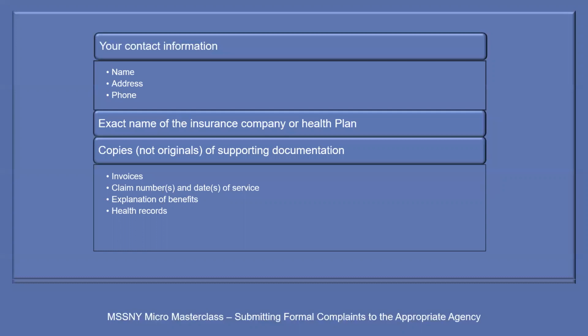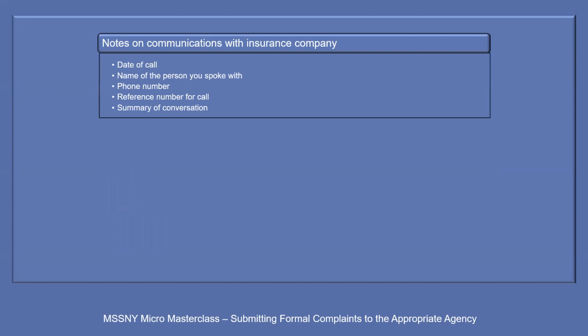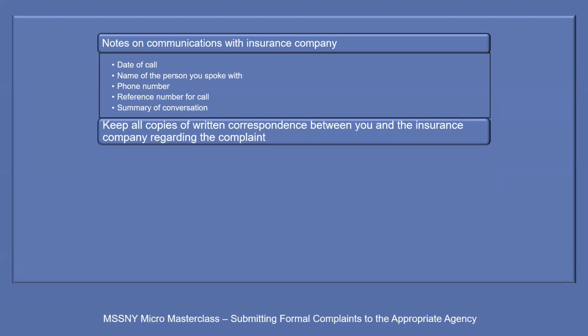You want to have your contact information: name, address, phone number, exact name of the insurance company or health plan, copies, not originals, of course, of supporting documentation: invoices, claim numbers, dates of service, explanation of benefits, health records, notes on communications with the insurance company, date of the call, name of the person you spoke with, phone number, reference number for the call, summary of conversation. You really want to be able to paint a very clear picture to them so that they understand what your issues are and what you are looking to do.